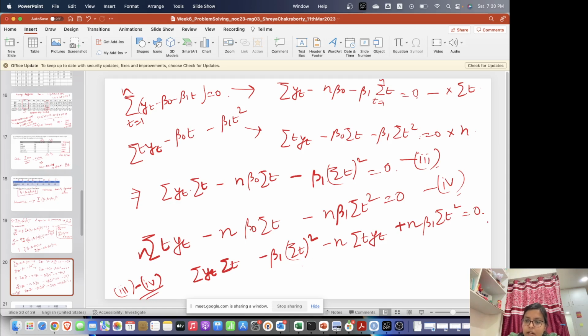So if we take the beta 1 terms to the right, then what we are going to have is that n beta 1 summation t square minus beta 1 summation t whole square equal to summation y_t summation t.